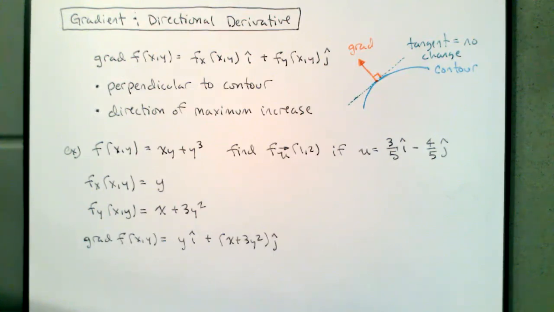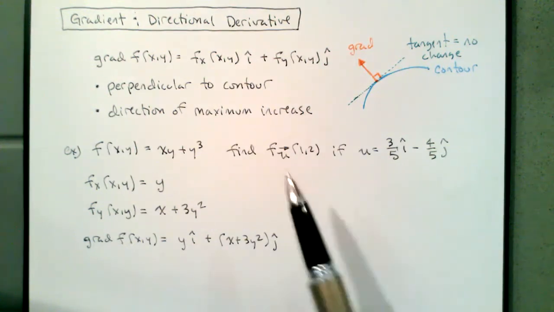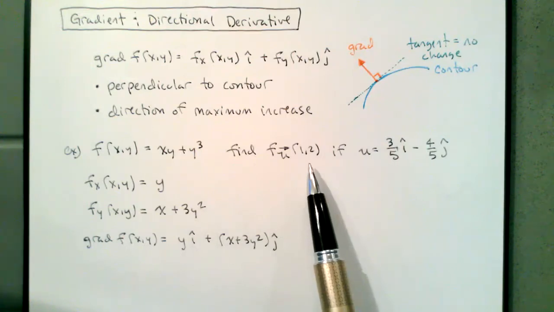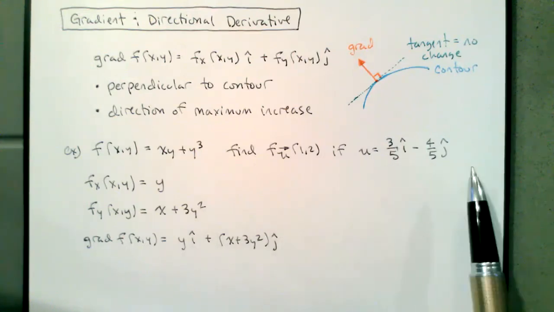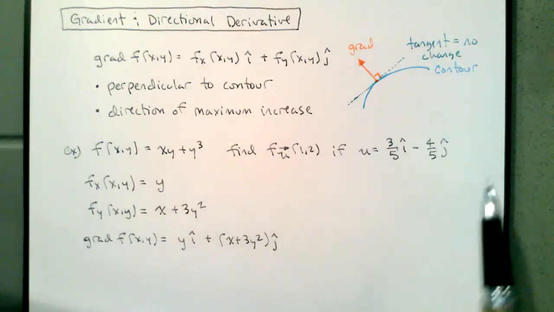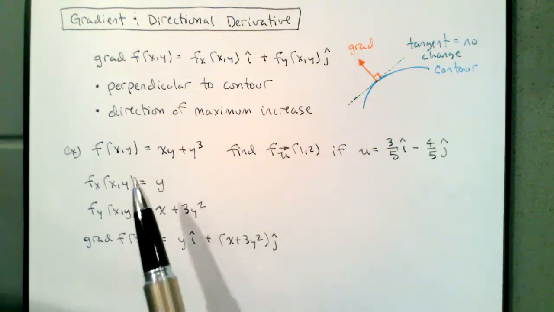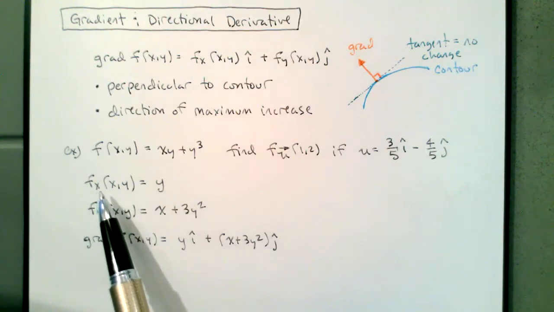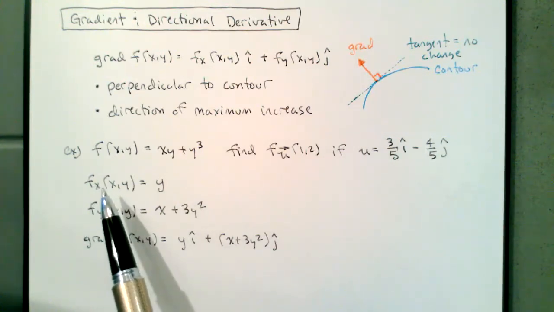Now, let's look at the rest of what we have up here. So the rest of the problem, I asked you to find fu at 1, 2, if u is this unit vector. So when I put a subscript of x, take the derivative of f with respect to x, or the derivative of f in the direction of x.